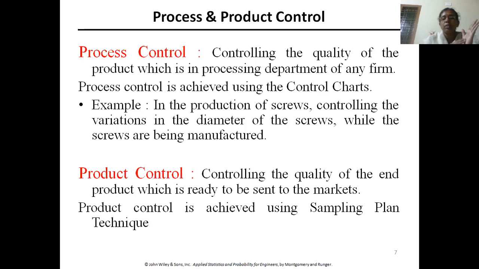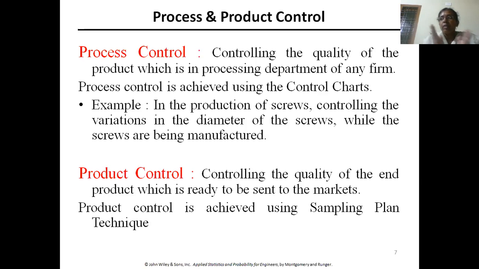Then what is product control? When we are controlling the quality of the end product which is ready to be sent to the markets. That means, suppose I have a lot and the production is over and I have to find whether that product is of good quality or not. So we'll check the product before it is sent to the market.